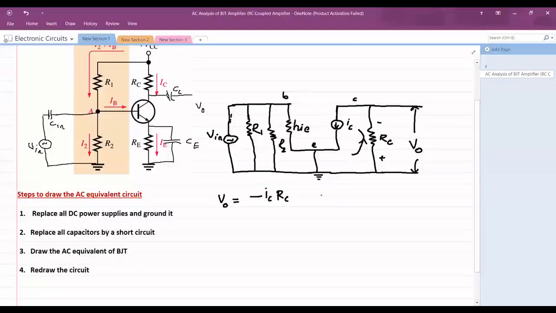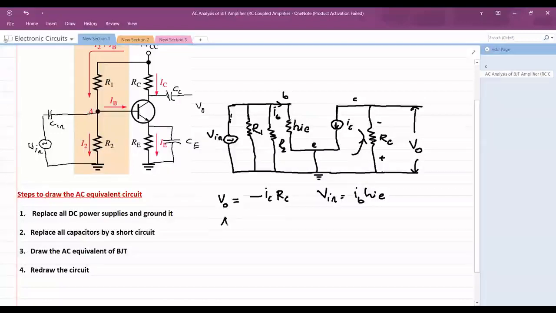So minus IC RC. And our input voltage VIN is actually appearing across the base and the emitter of the transistor. So VIN is equal to the current going into the amplifier, that is IB, base current, so VIN is IB into HIE.